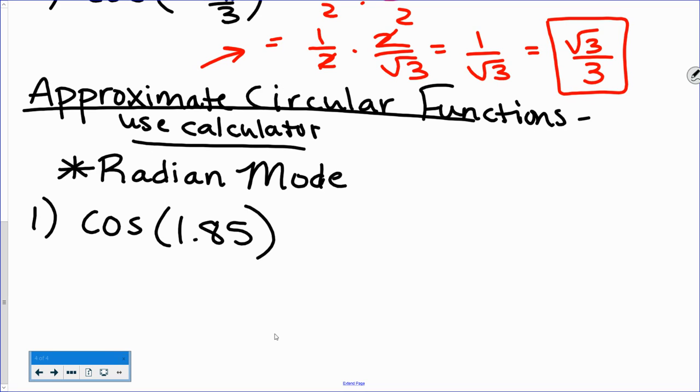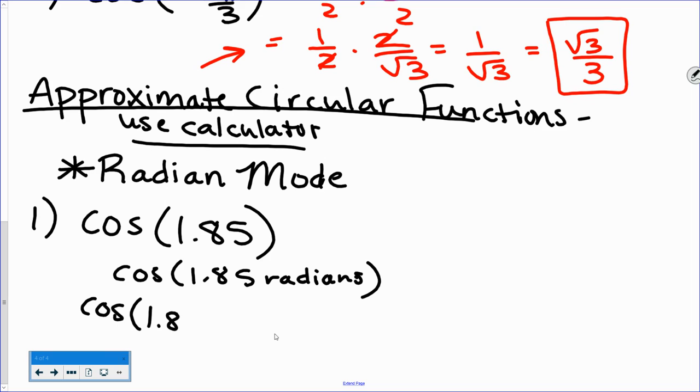I'm very picky when you turn in your paper test, which you're not going to have a paper test, but I mark things wrong when students do not put degrees next to it, because when we're in radians, it won't say cosine of 1.85 radians. It's just going to say 1.85. If I wanted it to say degrees, it would say 1.85 degrees. Okay, so radians doesn't have a label, degrees does.